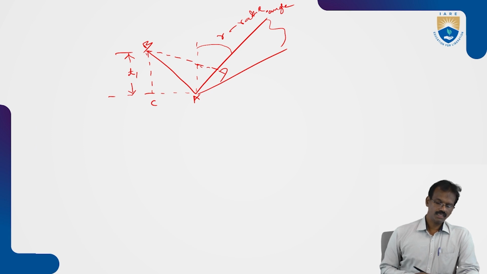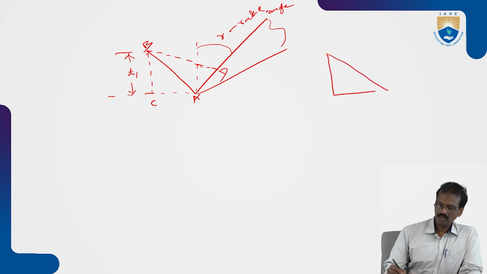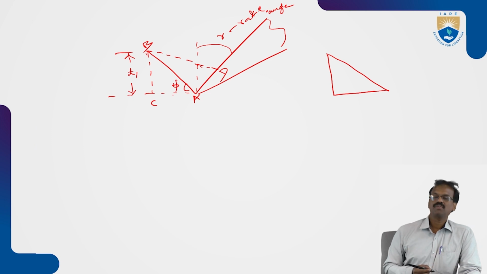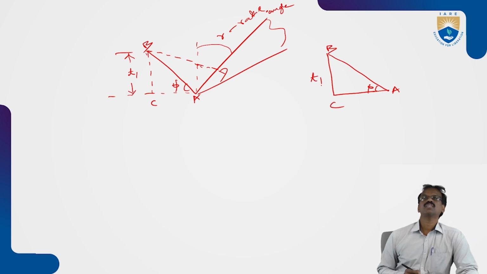One is ABC. If this angle is phi, you have to find out this phi. This one is the AB. This is the C. The thickness is equal to the uncut chip thickness.